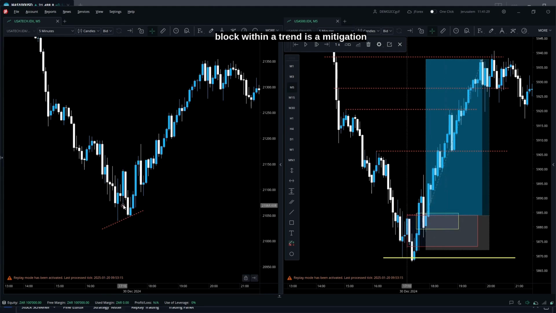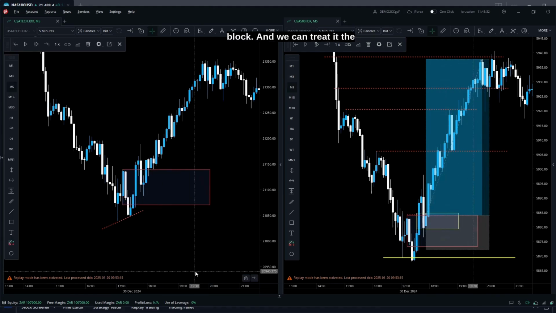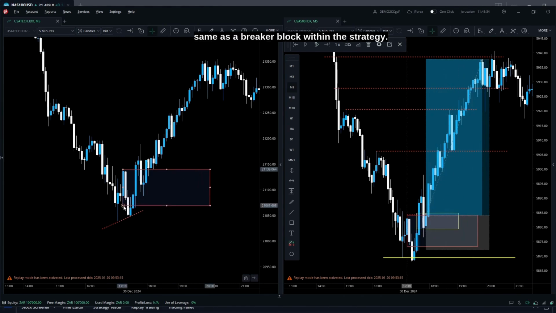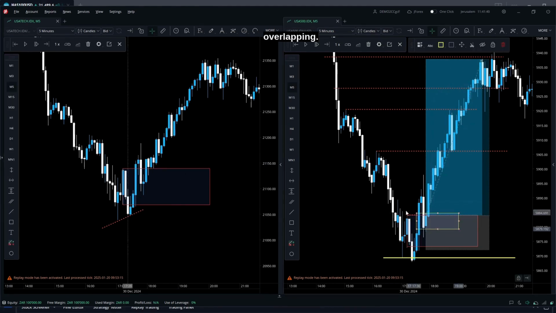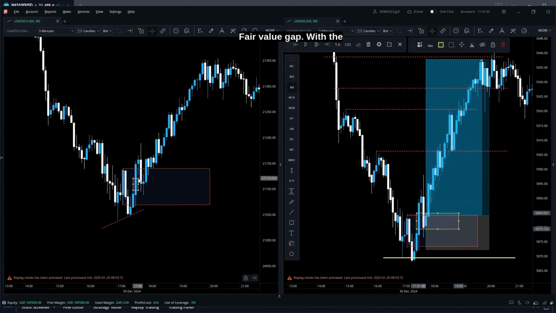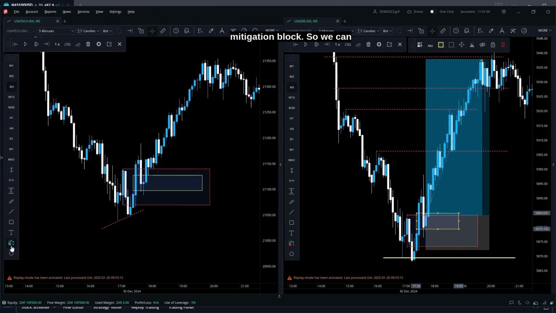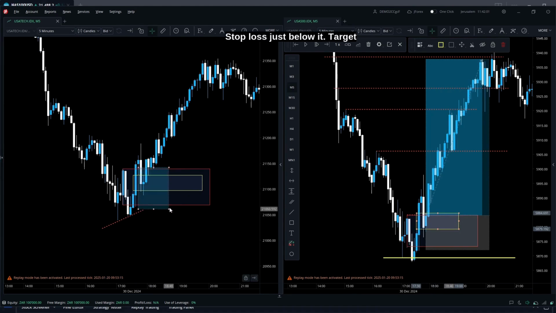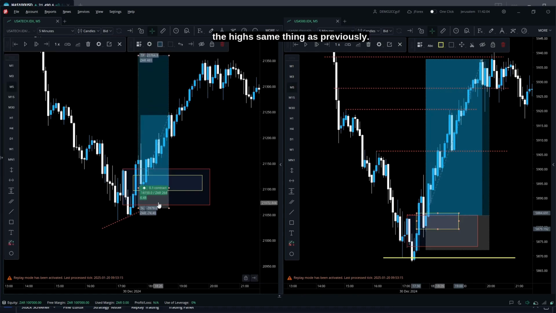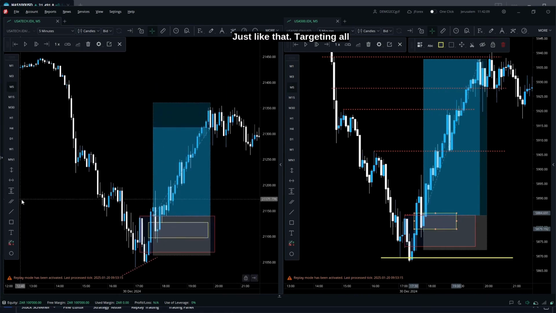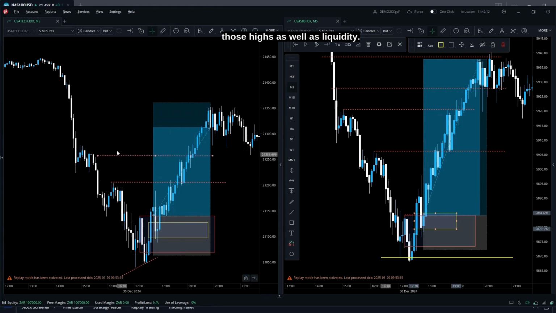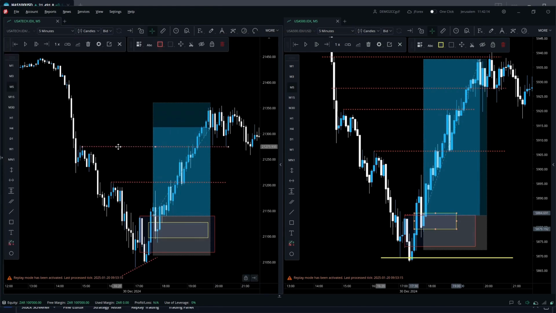And a breaker block within a trend is a mitigation block, and we can treat it the same as a breaker block within the strategy, where we find an overlapping fair value gap with the mitigation block. So we can enter on that mitigation block, stop loss just below it, target the highs, same thing as previously. Just like that, targeting all those highs as well as liquidity resting above.